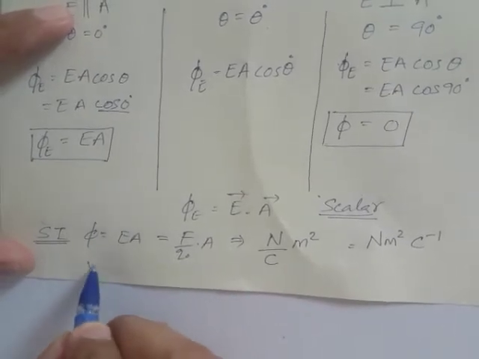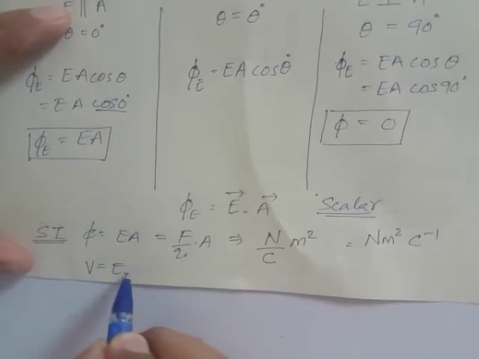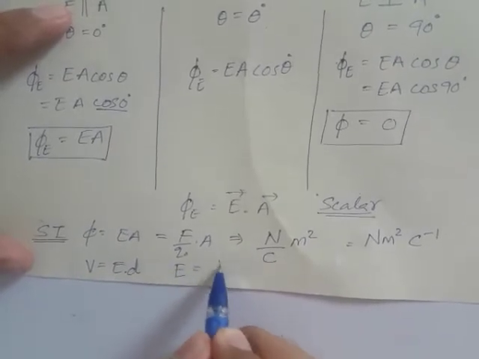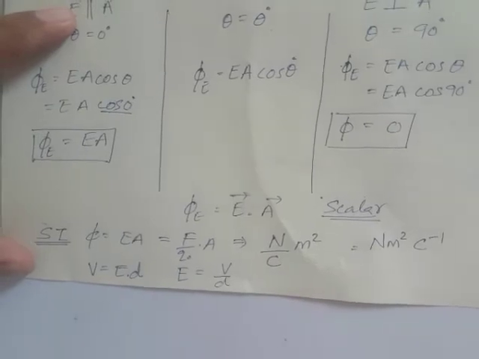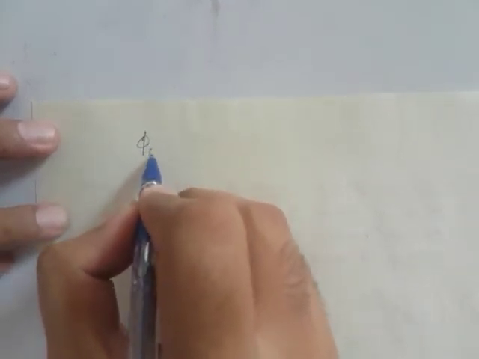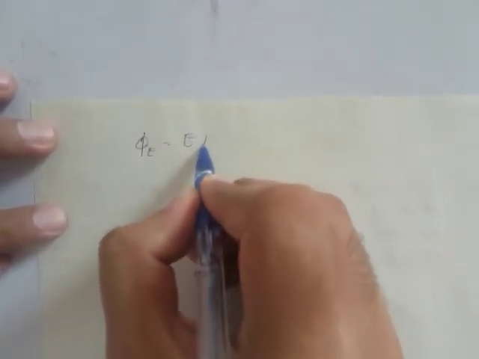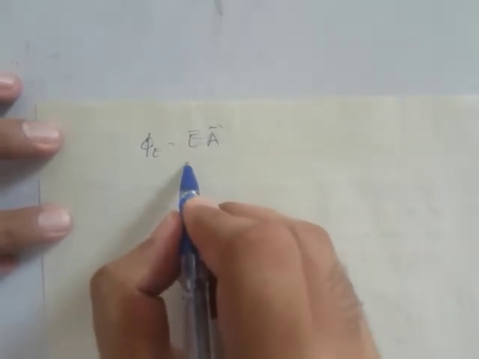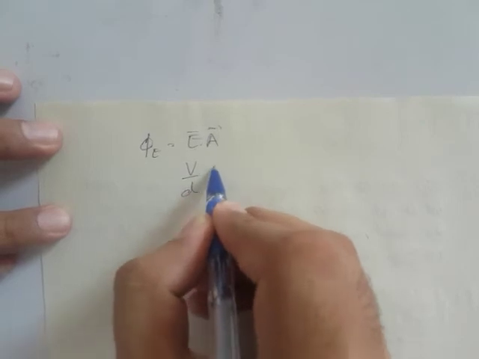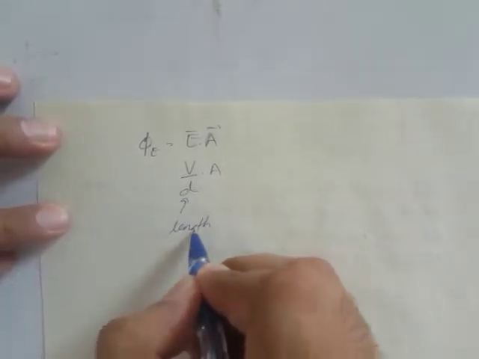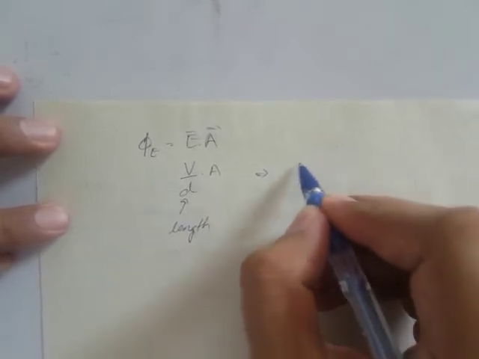We know that V equals E dot d, where d is length. So we can write E equals V by d. So the next unit we get: phi, the E flux, equals E dot A. Instead of E we write V by d, into A, where d is a distance or a length, and V is the potential difference.